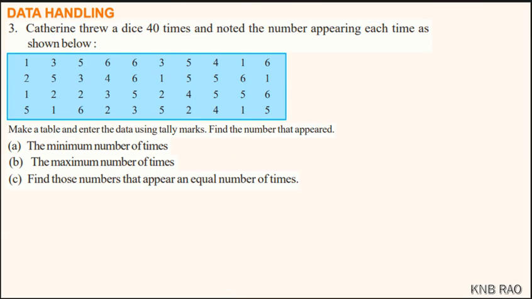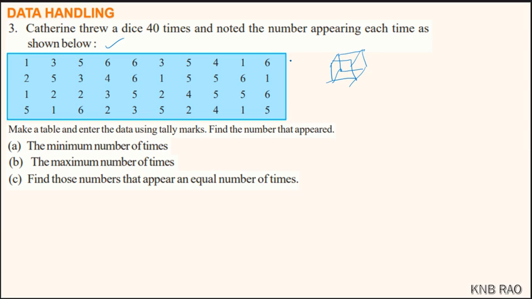Okay. Now, coming to question number 3, I will hurry up now. In question number 3, Catherine threw a dice 40 times and noted the number appearing each time as shown below. You know, a dice is cube shaped, containing numbers on each face. You have seen and played with it, and normally the numbers on the 6 faces will be 1, 2, 3, 4, 5, 6.